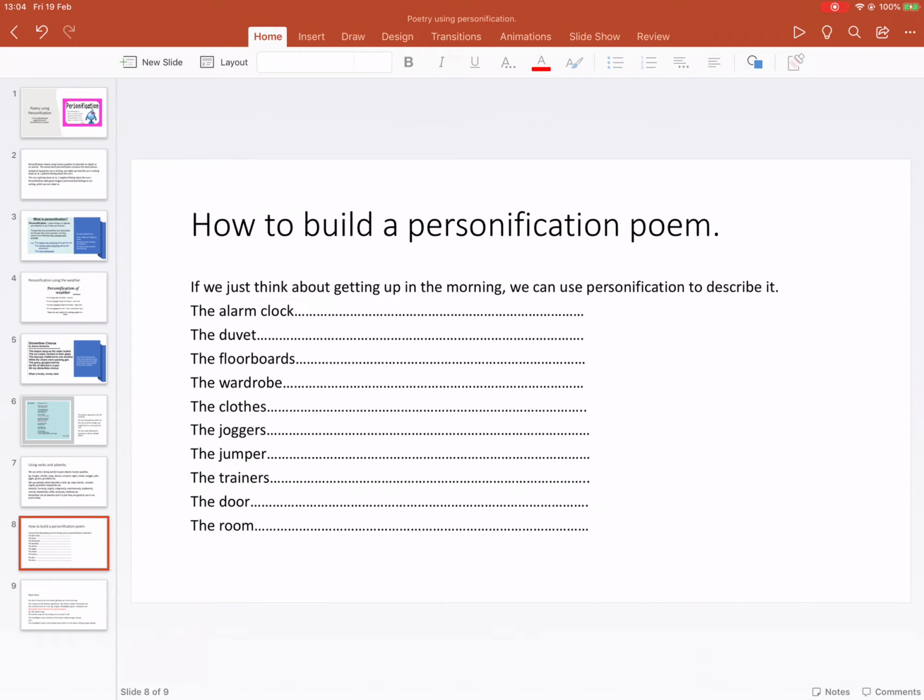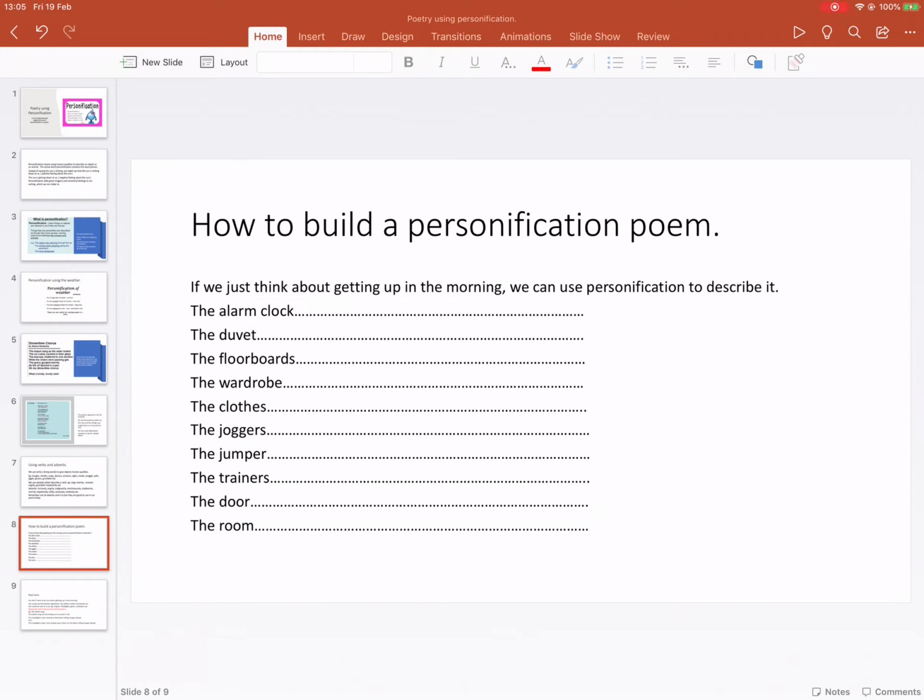But if we just think about getting up in the morning, we can use personification to describe it. So you've got things of when you would get up, like the alarm clock, the duvet, the floorboards, the wardrobe, the clothes, the joggers, the jumper, the trainers, the door, the room.